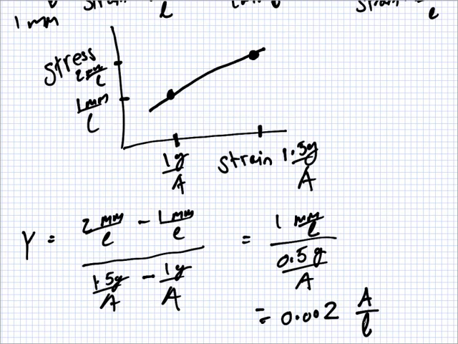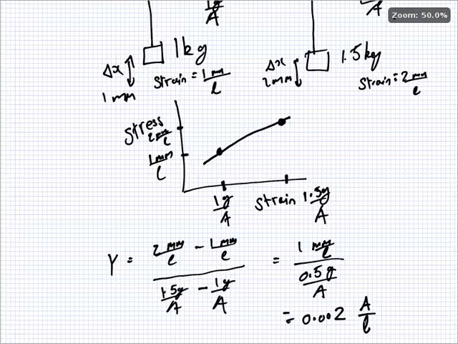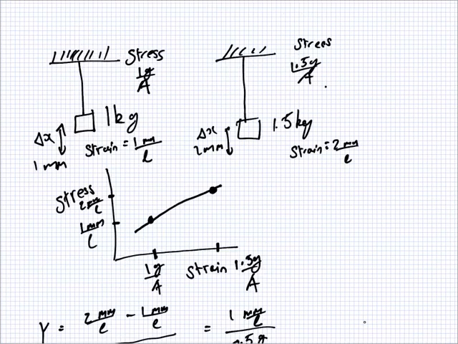But because I didn't give you the A or the L, go to the top. So, in the first case, it's 1 kg. Let me put it in green. So the stress is 1g over A. That's the force and that's the area.